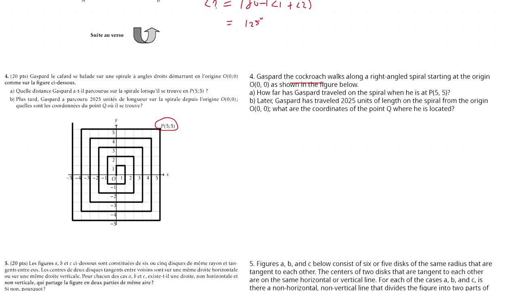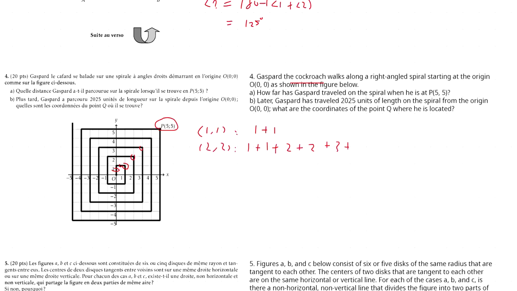So if we start with simple cases, if we focus on the points on the top right corner, and we say if he wants to reach the point (1, 1), he must travel 2 segments, right? 1 and 1. If he wants to reach (2, 2), he has to travel 6 segments: 1 plus 1 plus 2 plus 2 plus 3.